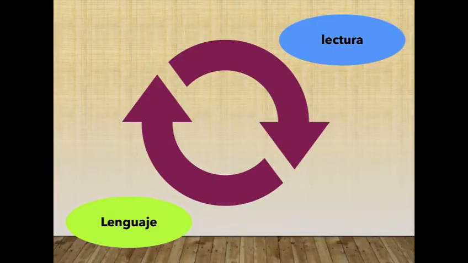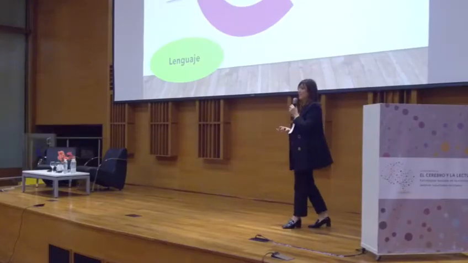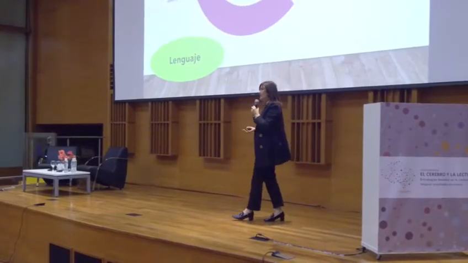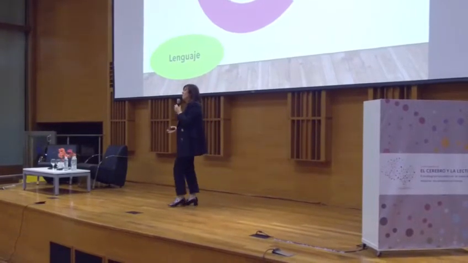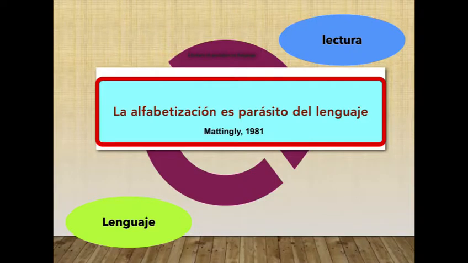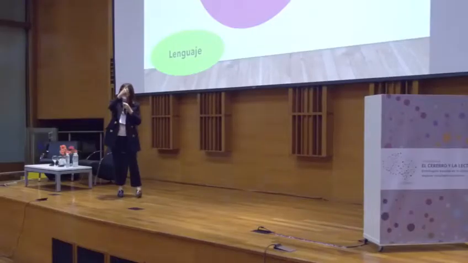There is a relationship between language and reading, which is parasitical. I really need language to read. I can't read without language. I need a sound language structure. But what happens in language?